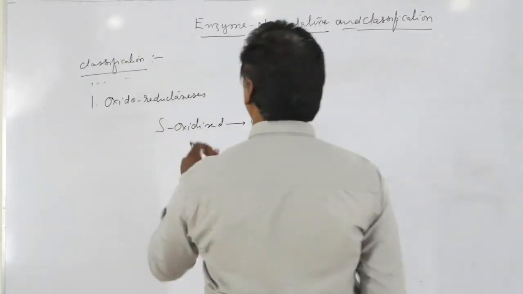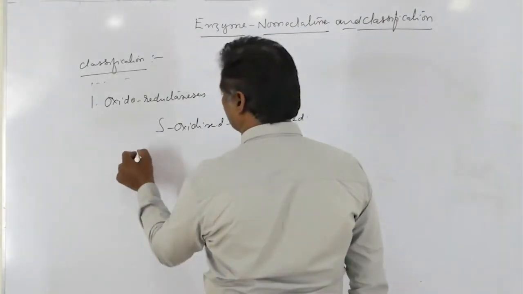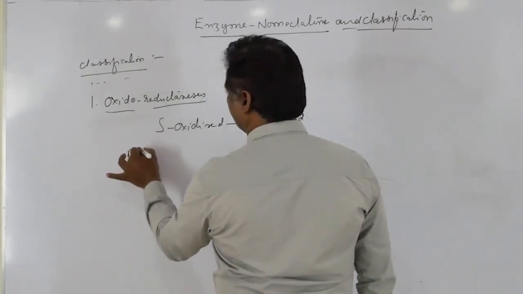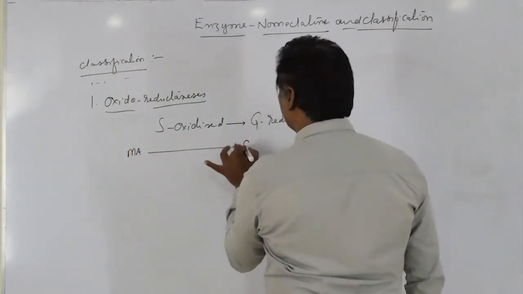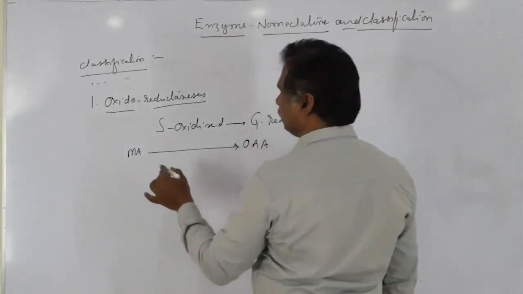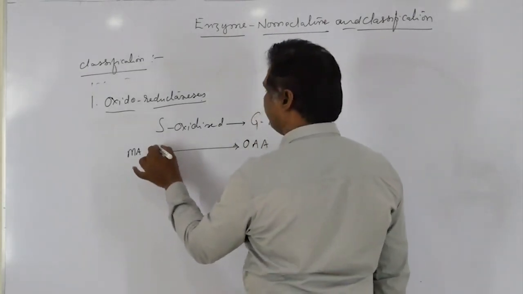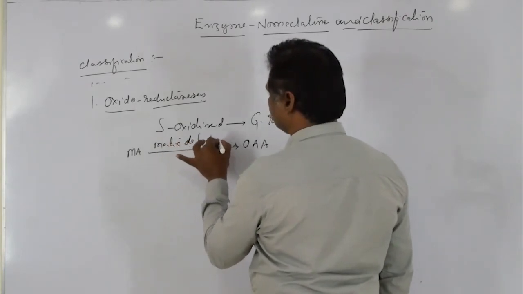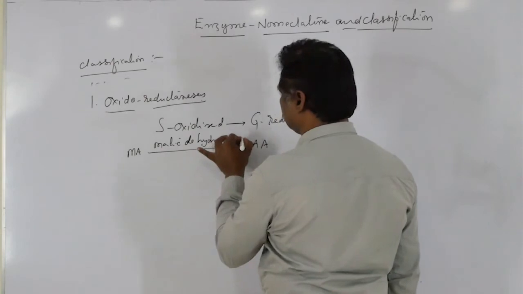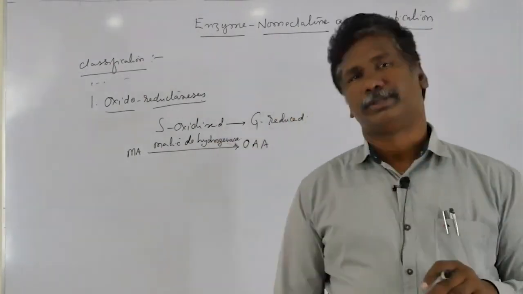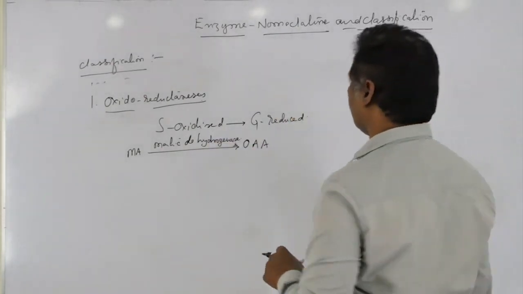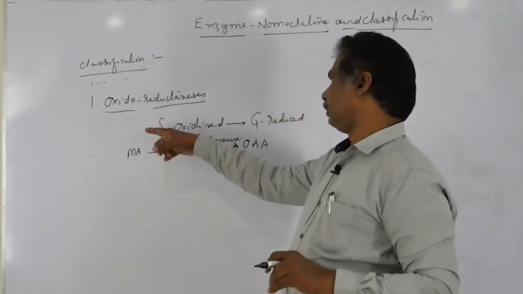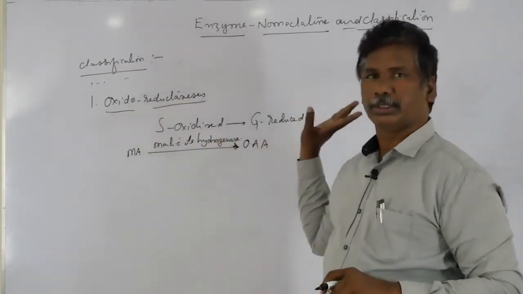For example, in the last step of the Krebs cycle, malic acid is converted into oxaloacetic acid in the presence of the enzyme malic dehydrogenase. This is an oxidation reaction.